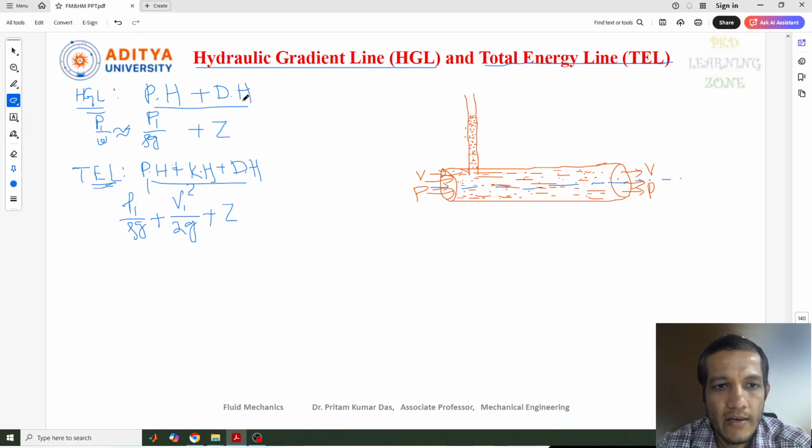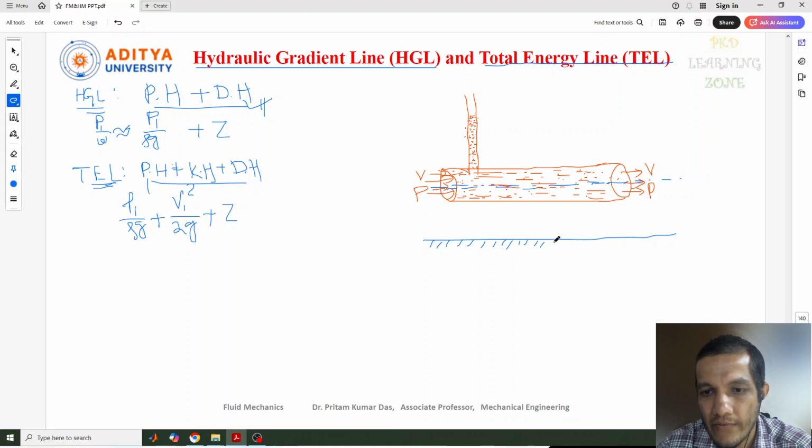The datum head can be considered by taking a datum line or reference line, or else we'll take another line called a datum line, and by referring to this line we can identify the datum head. So how do we refer to this line? Let's consider this is the reference line.